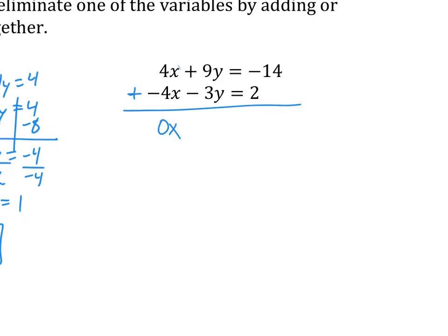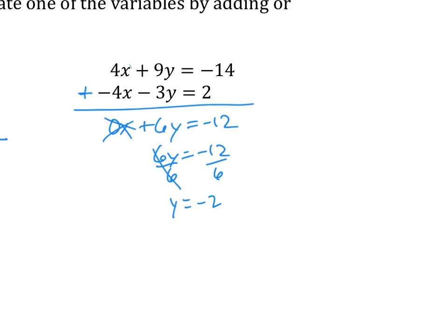And then we have 9y plus negative 3y, which is a positive 6y, equals negative 14 plus 2, which is negative 12. And that cancels out, so we're left with 6y is equal to negative 12. And then divide by 6 on both sides. So we end up with y is equal to negative 2.